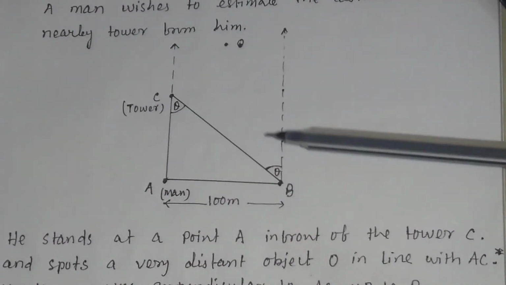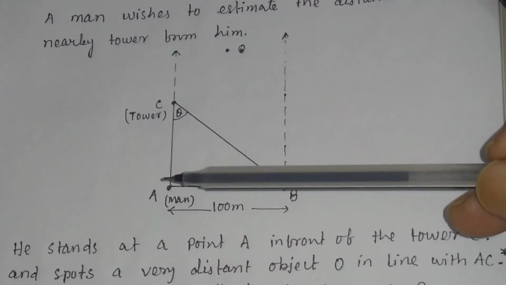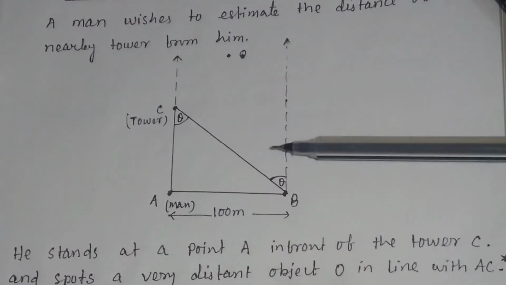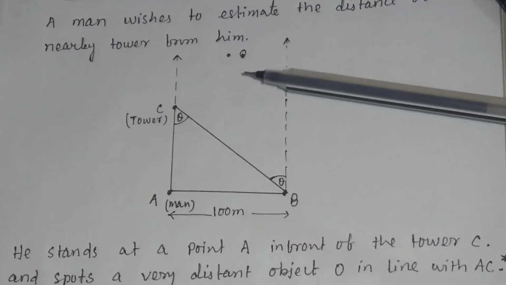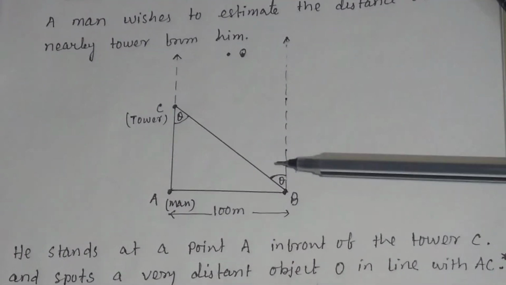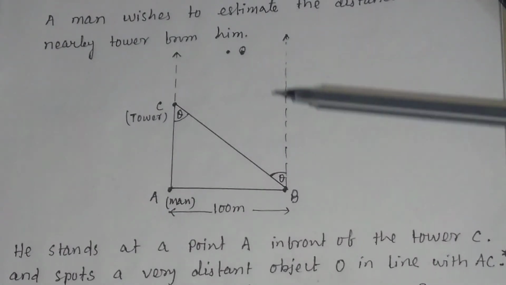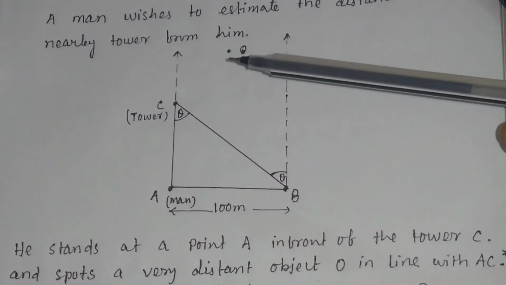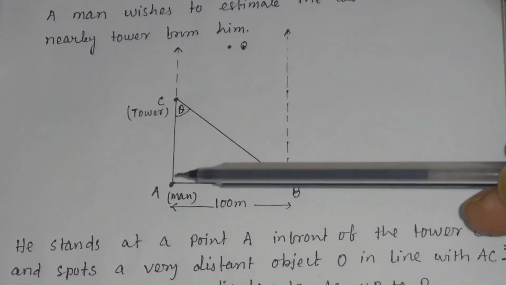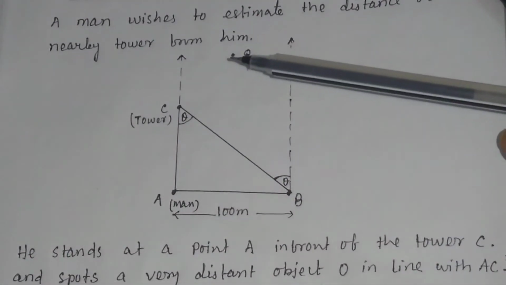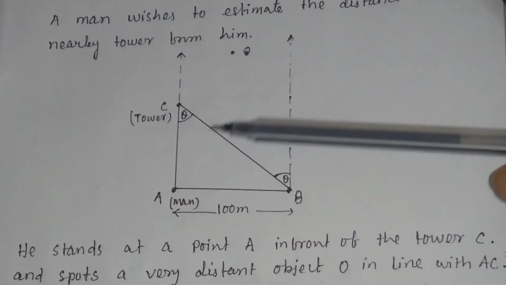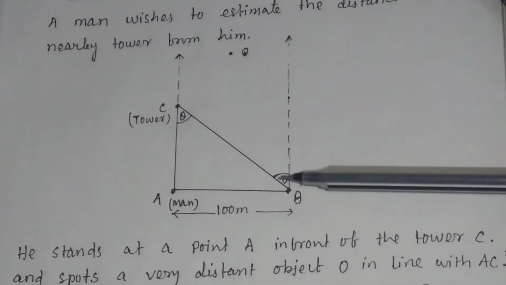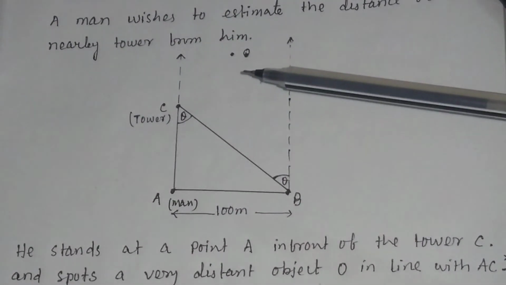Because you see AO and BO are practically the same. And for the parallax method we use this thing. That means you have to take any position such that this distance must be equal to this distance, as we have discussed in problem 1.